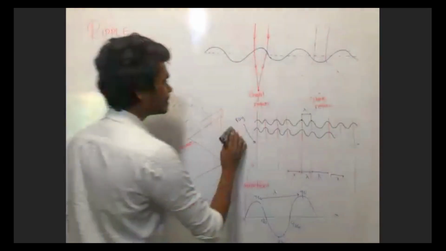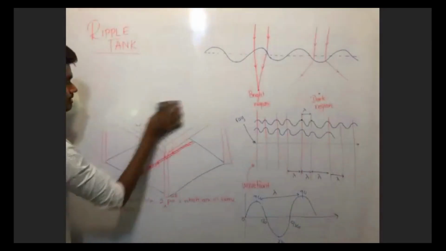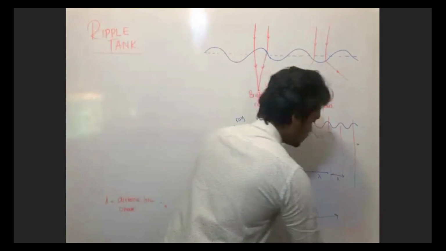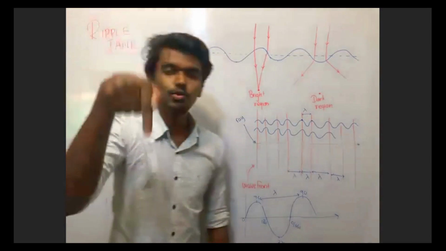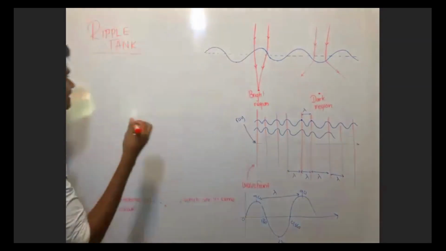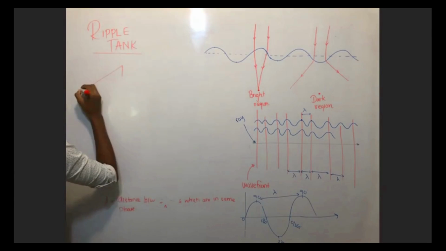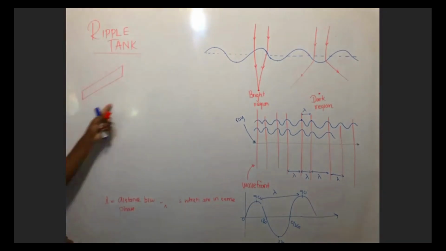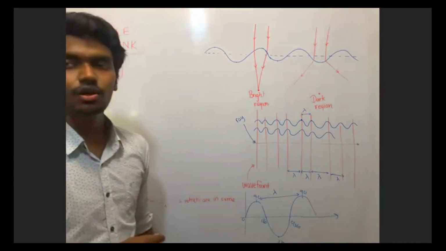What happens if I erase this? What happens if you use a pointer to vibrate, for example? As the vibrator in the first case, what you used was a plain rod.